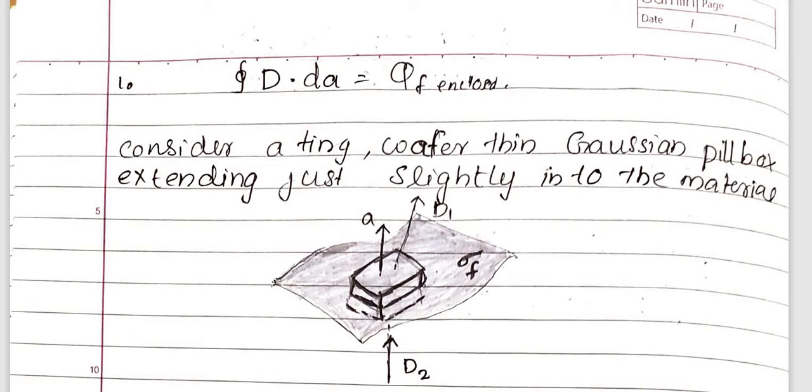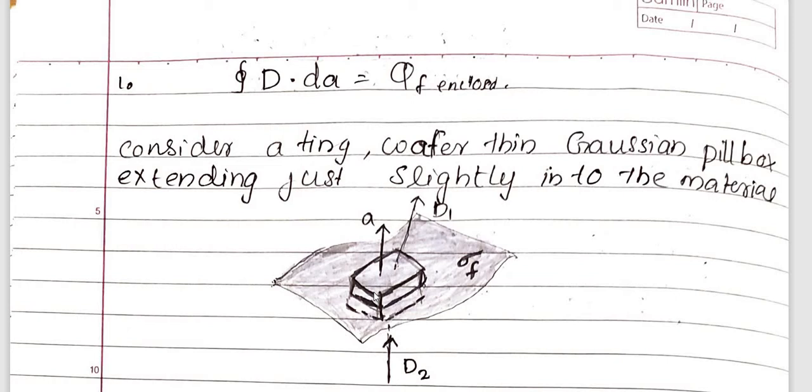So first we consider Gauss's equation, closed integral D dot dA is equal to Qf enclosed, where D is the displacement vector and Qf enclosed is the free charge enclosed. Here we are considering the Gaussian pillbox. We have to study only the surface phenomenon.